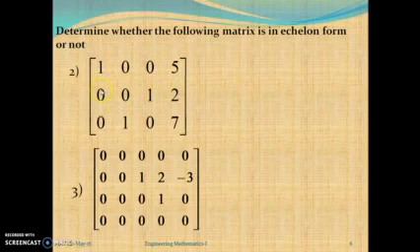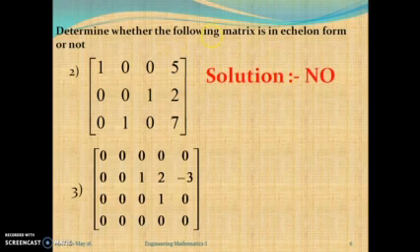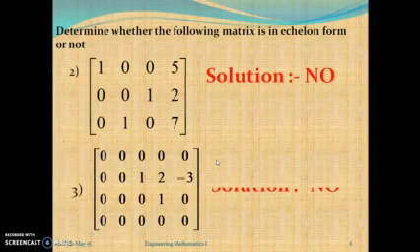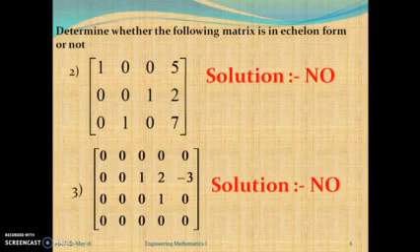For the first diagonal element the entries below are 0, but not for the second diagonal element, therefore it is not in echelon form, so the solution is no. For the third example, there are 2 zero rows, but the first zero row is present above the non-zero rows, which does not satisfy property 1, therefore it is not in echelon form, so the solution is no.